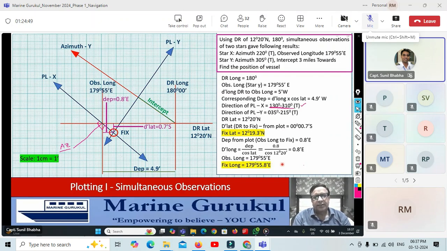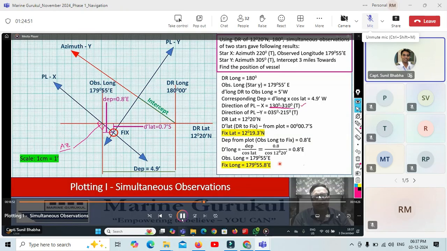The longitude of the fix is then 179 degrees 55.8 minutes east. Hence, the coordinates of the fix are 12 degrees 19.3 minutes north, 179 degrees 55.8 minutes east.